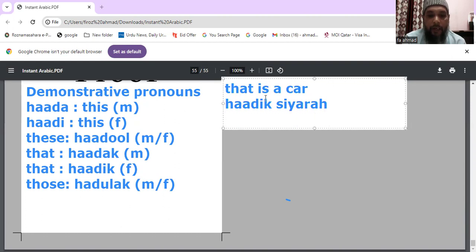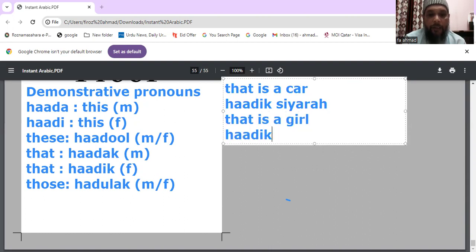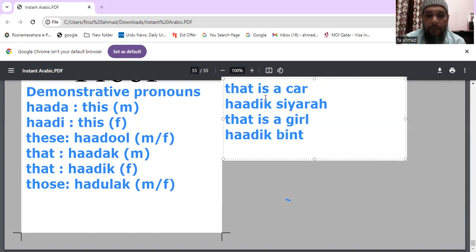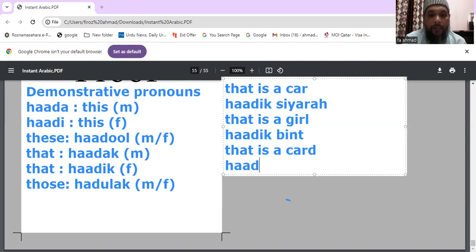You can say that is a girl, hadik bint. Yes, you can say other words. You can say that is a card. You can say hadik bataka.